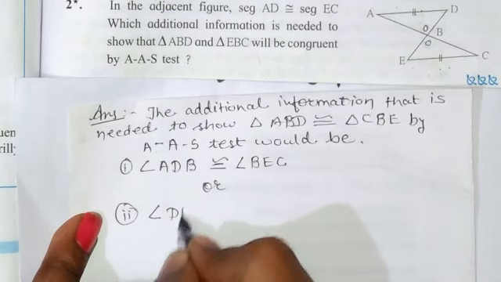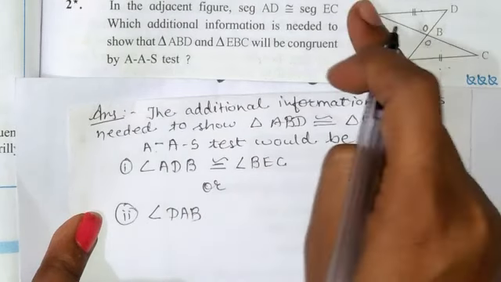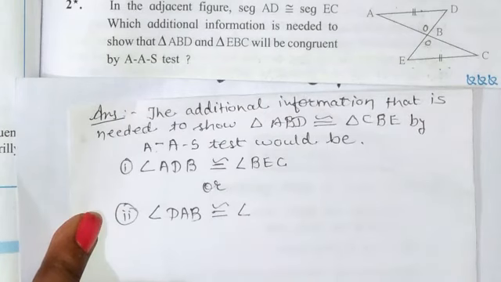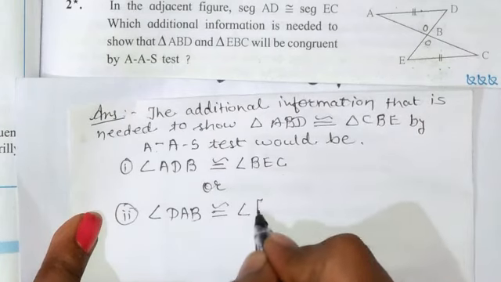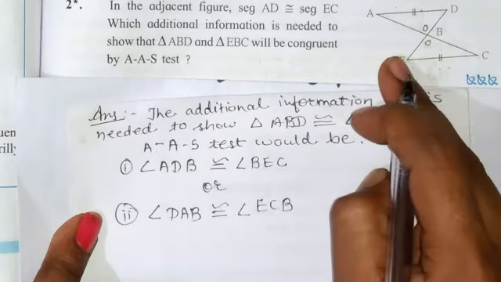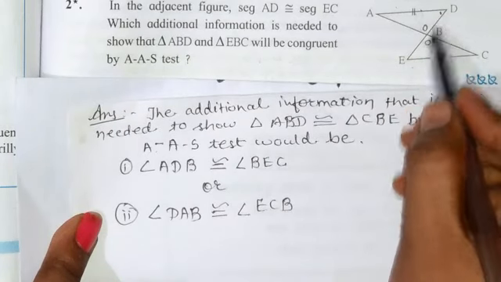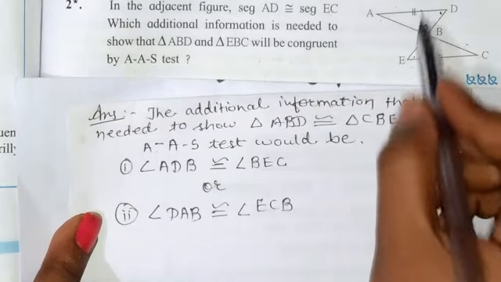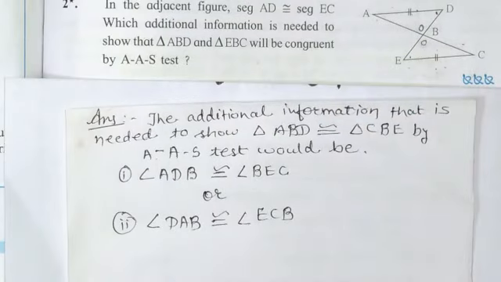Angle DAB should be congruent with angle ECB. These two or these two. Among these, any pair must have the identical marks.